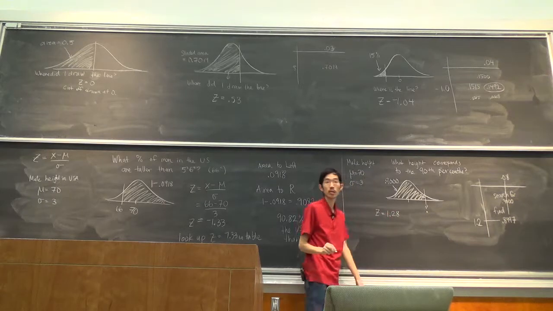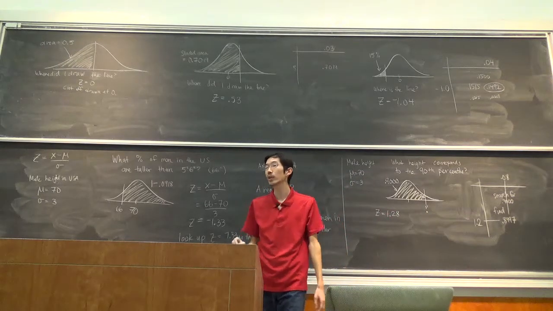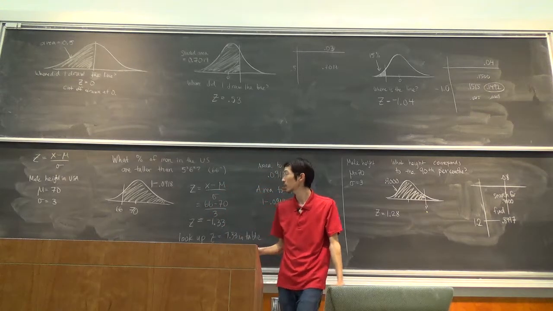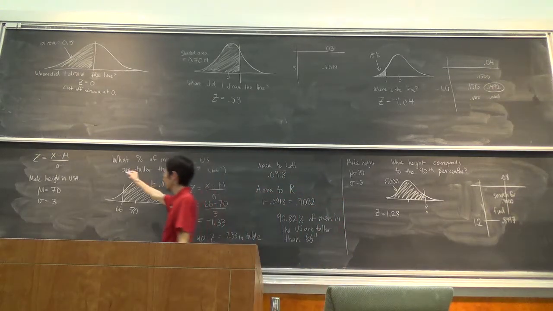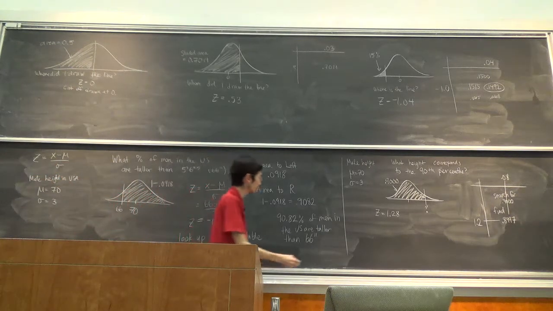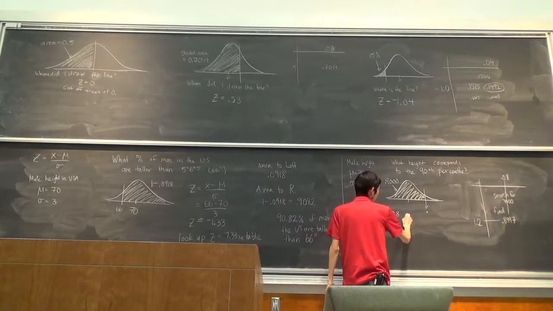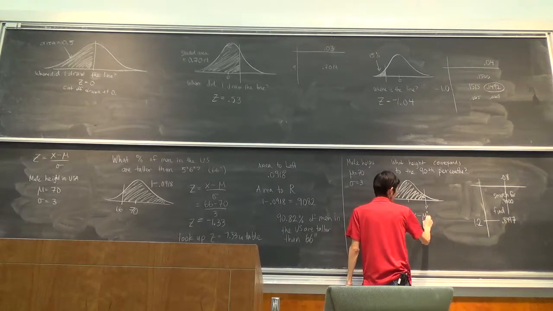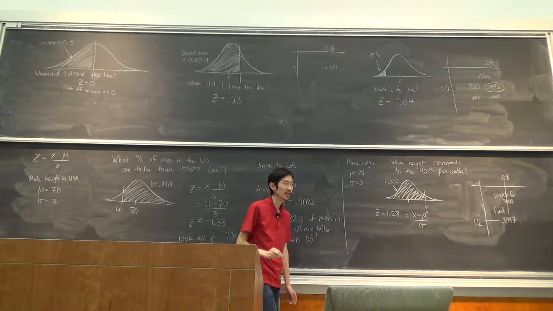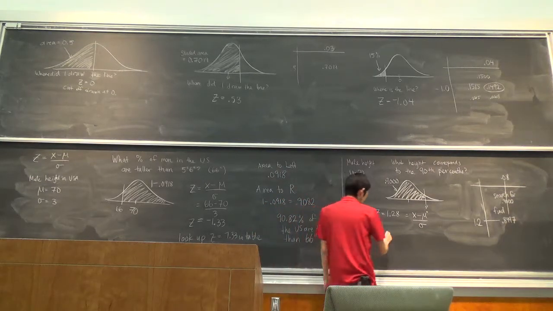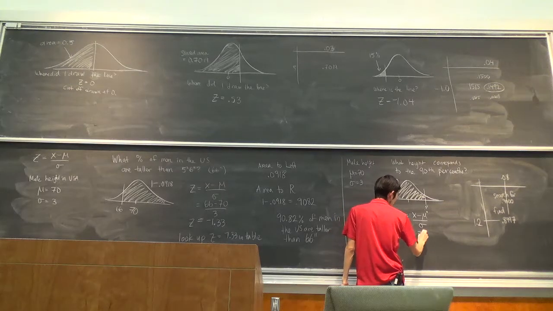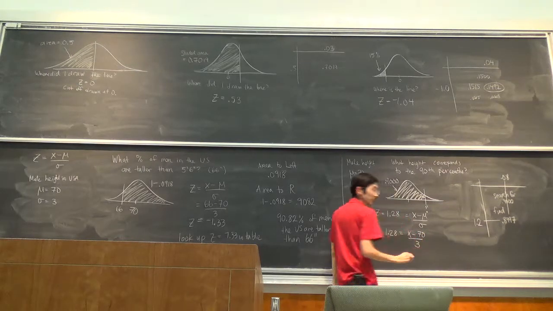So 1.28 means we are 1.28 standard deviations away from the mean. Or we can use the z formula: z is equal to x minus mu over sigma. So 1.28 is equal to x minus mu divided by sigma. What is mu and what is sigma? 70 and 3. So I get 1.28 is equal to x minus 70 divided by 3.